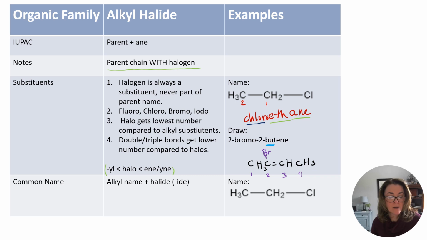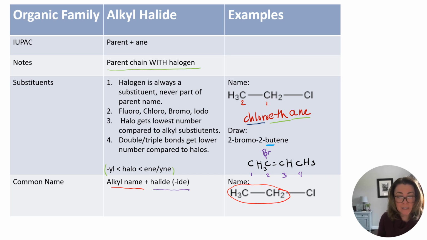We also have common naming, and so to name these following the common naming system, it will be the alkyl name first, followed by the halogen as a halide. So I'll change that ending to -ide. So here, what I'm looking at is I want to name the alkyl part first.